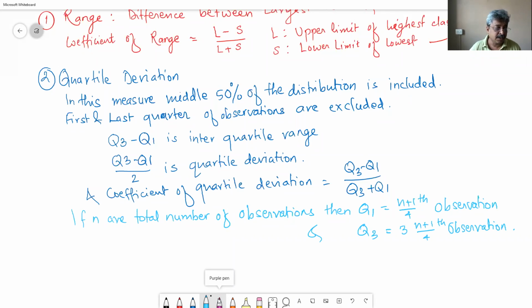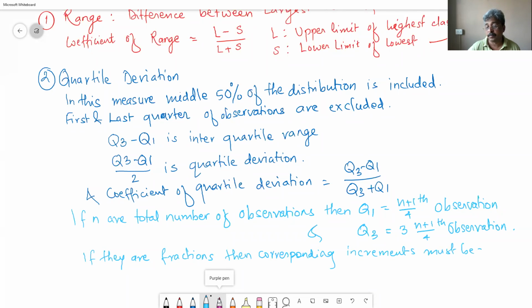If they are fractions, then the corresponding increment must be done. Okay, so find the range and quartile deviation for the following distribution.